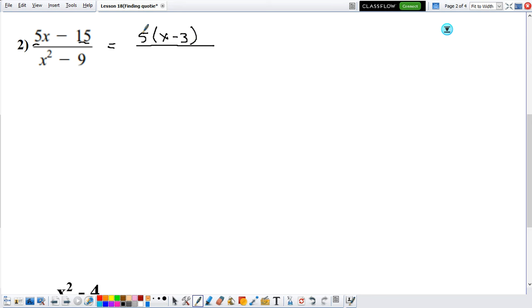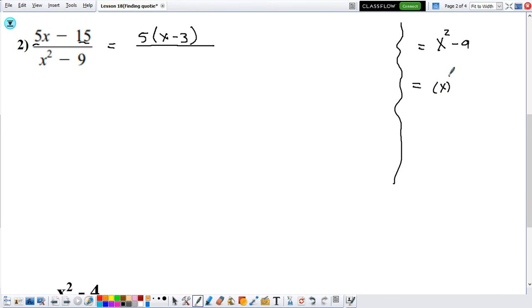Now let's factor out the denominator. Notice that on the denominator, we have what is called a difference of squares. So let's do a quick review. How do you factor a difference of squares? We write the expression. Try to see if you can rewrite every term in terms of second exponents.